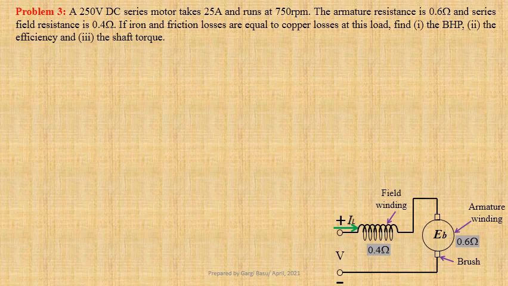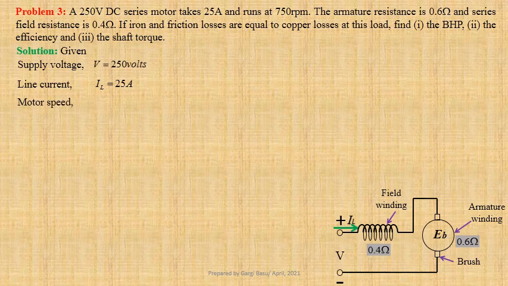Let us first jot down the given data. Supply voltage V equals 250 volts. Line current IL equals 25 ampere. Motor speed N equals 750 rpm. Given armature resistance Ra equals 0.6 ohm.